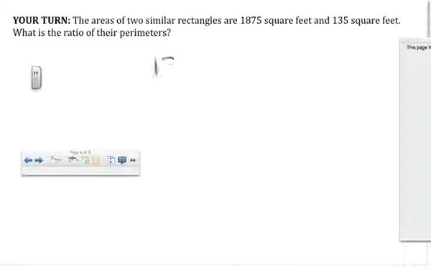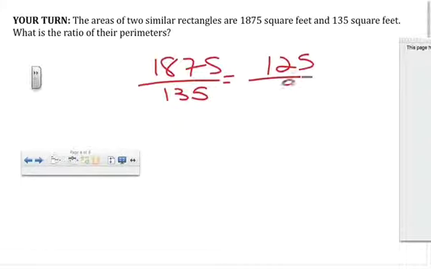All right, so when you take this 1875 over 135, it reduces to 125 over 9. And one of those you can take the square root of without any difficulty. Square root of 9 is just 3. But when you take the square root of 125, that's not pretty. So how would I simplify the square root of 125? It's 5 times the square root of 5.